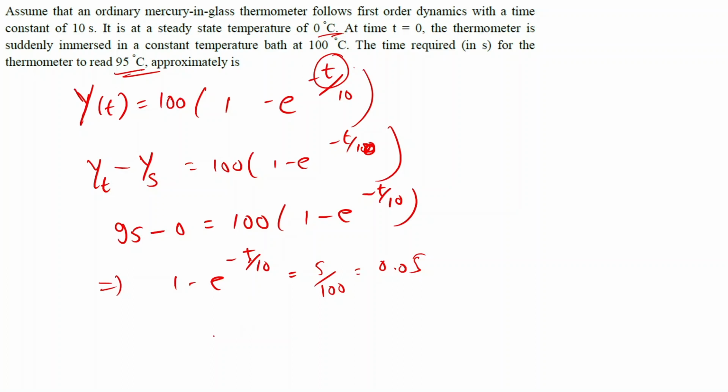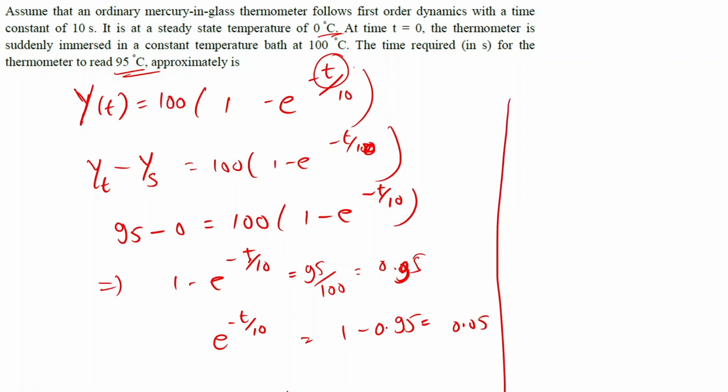We can write this as e raised to minus t by 10 is 1 minus 0.95, which is equal to 0.05.